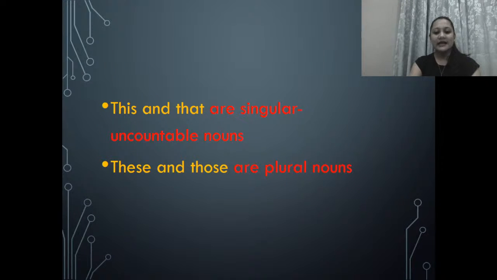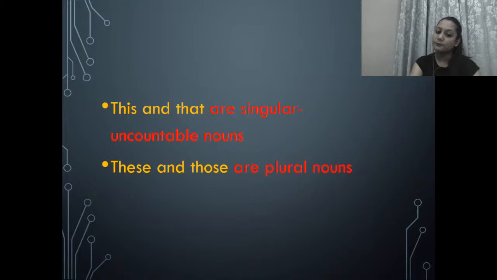Okay, this and that are singular and are used with uncountable nouns. As I have already told you in the previous lecture, there is a difference between countable and uncountable nouns. If you can put one, two, three before a noun, it is called a countable noun.